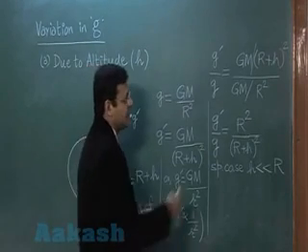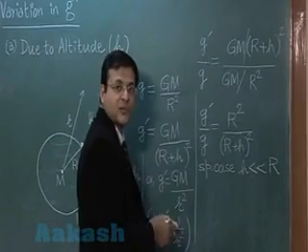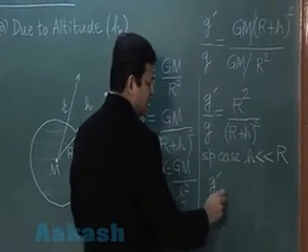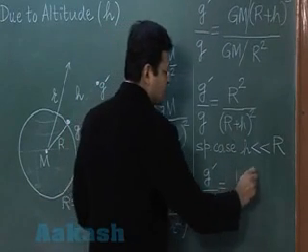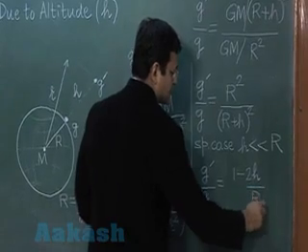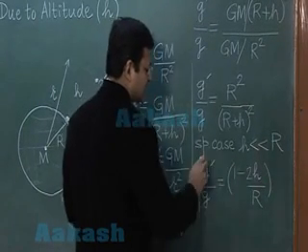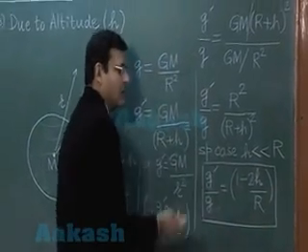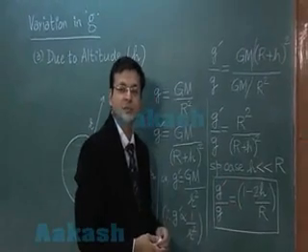In that case, if you simplify and use a binomial approximation, you can easily prove that g dash upon g becomes equal to 1 minus 2h by R. This is the special case when the altitude is very small compared to the radius of the earth.